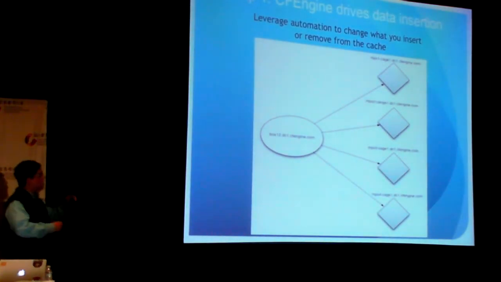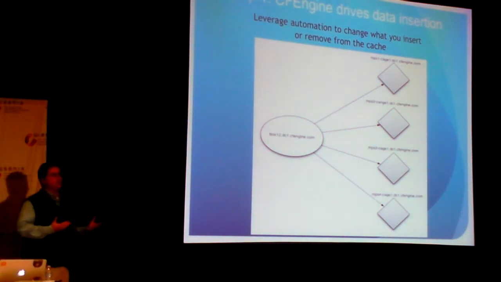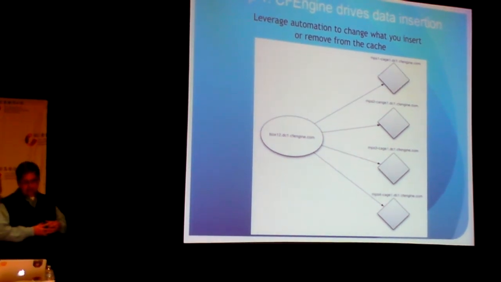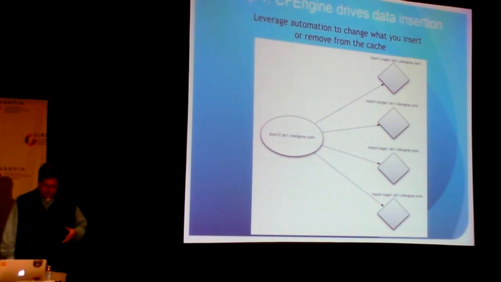So at a very high level, this is what happens during CFEngine execution. A machine basically realizes that it has 4 CFEngine policy servers, and when CFEngine executes, it takes about 100 objects and inserts it into a Redis cache on each one of our policy servers.